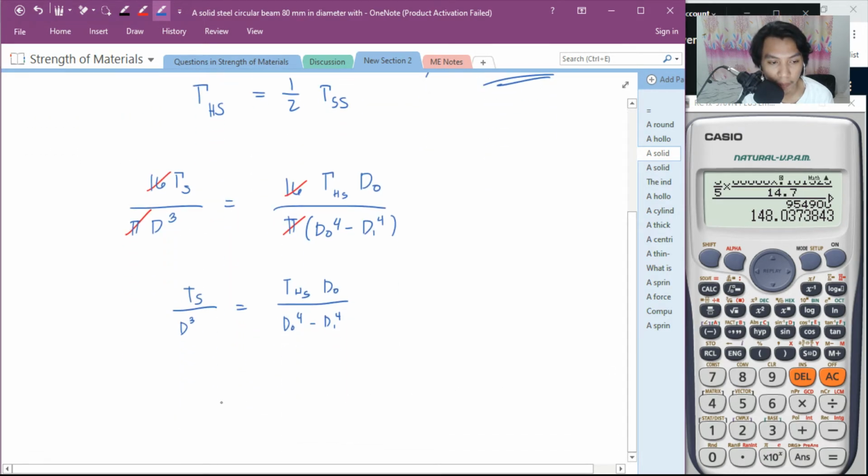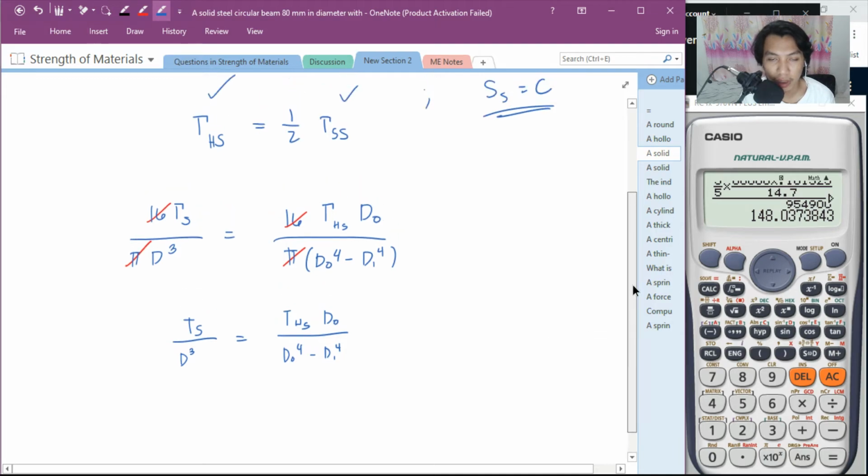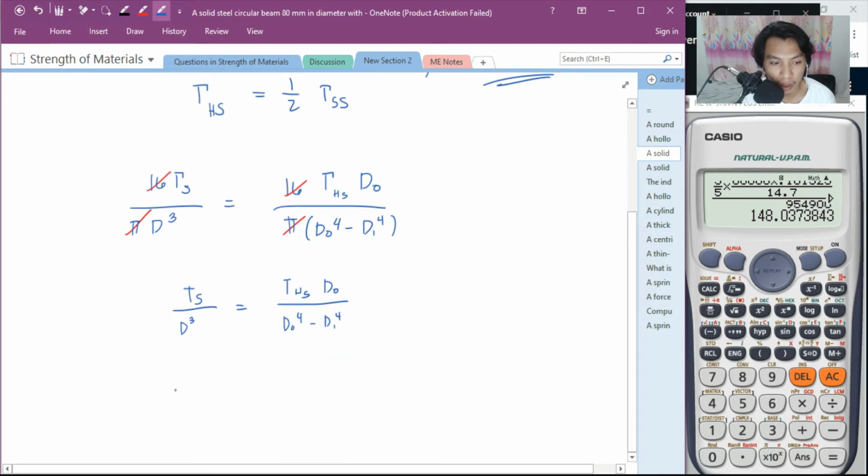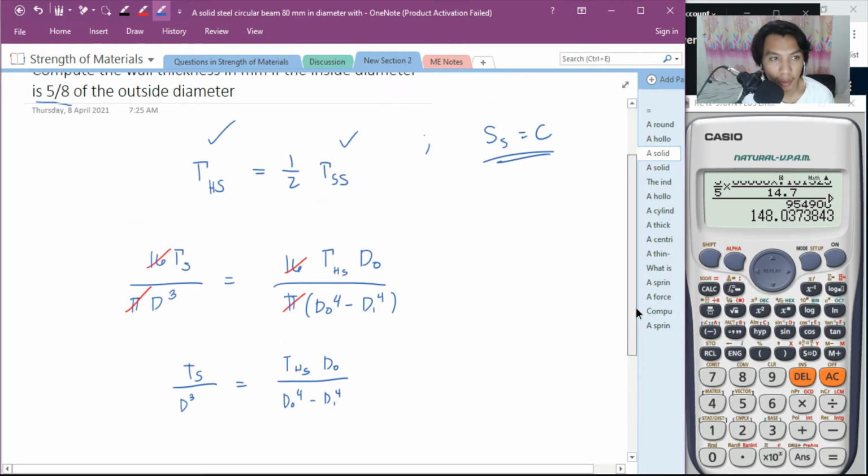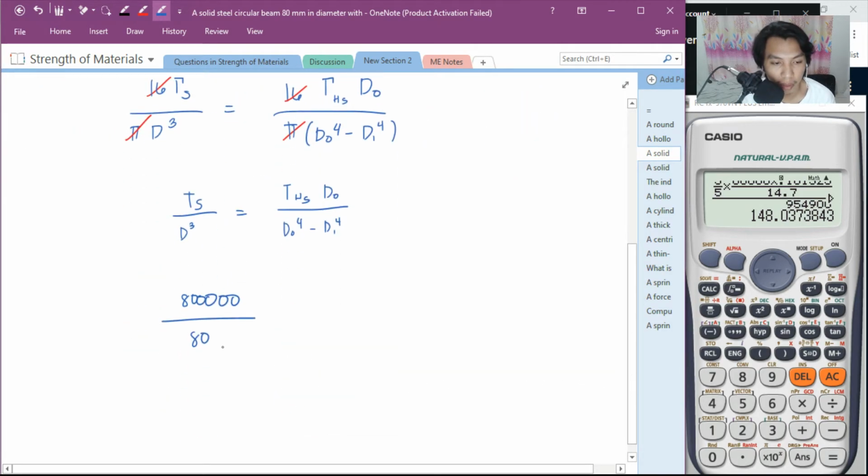For the solid, T solid is 800,000 Newton-millimeter, divided by 80 cubed.